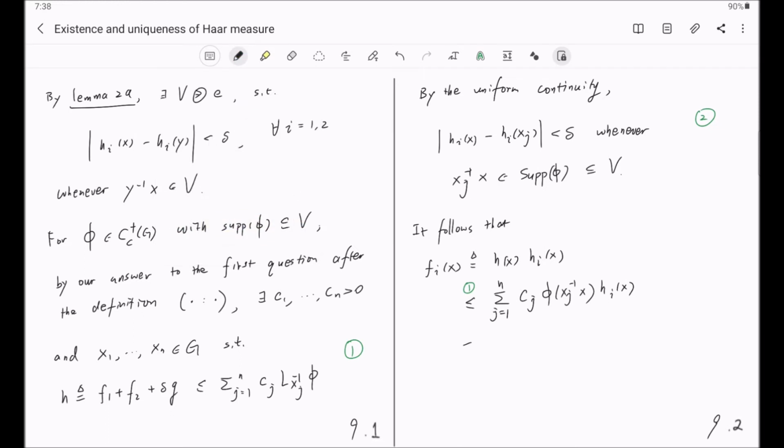And now, you can see this part is further less than or equal to, now we're going to use the second result here to magnify this to h_i of x_j plus delta.